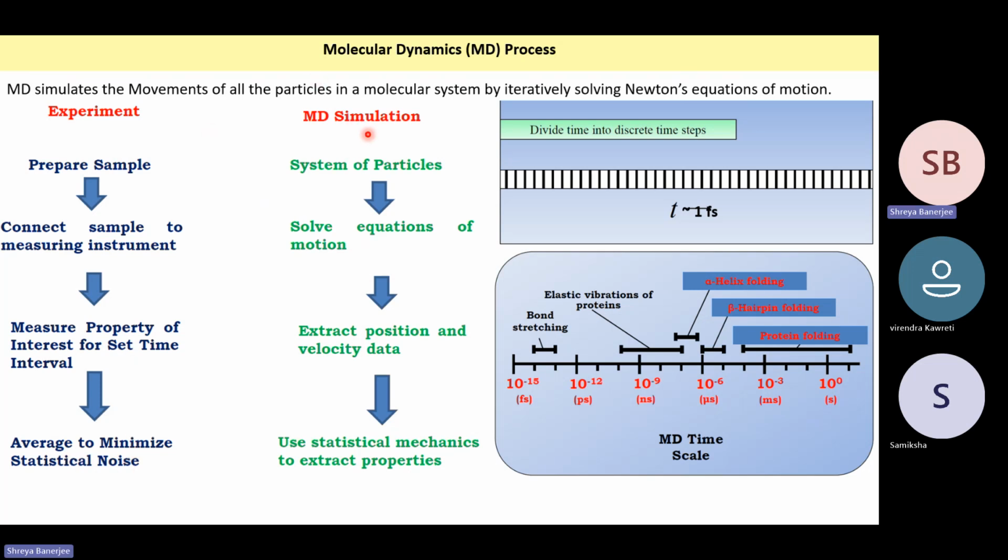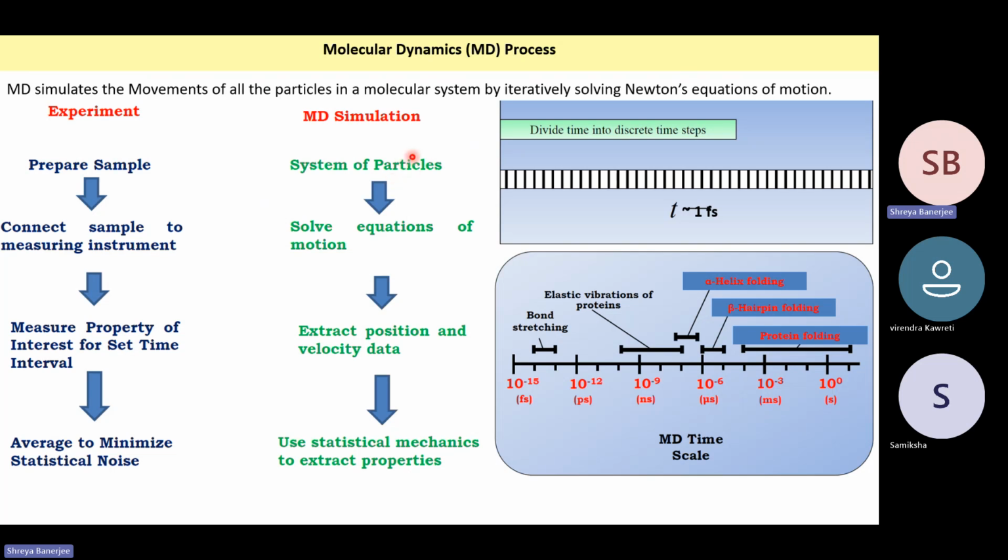In molecular dynamics, the flowchart is like this. First, we prepare our system of particles, which mimics the actual sample, which can be a protein. Then we solve the equations of motion. Basically, these particles, let's consider a protein, are dynamic.